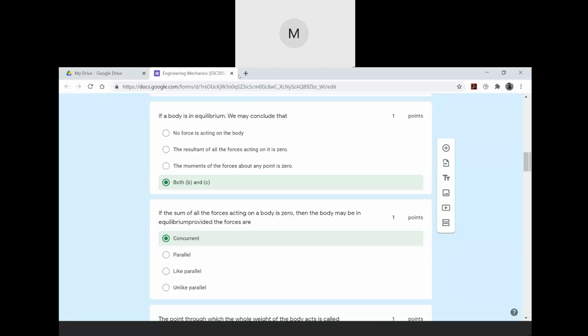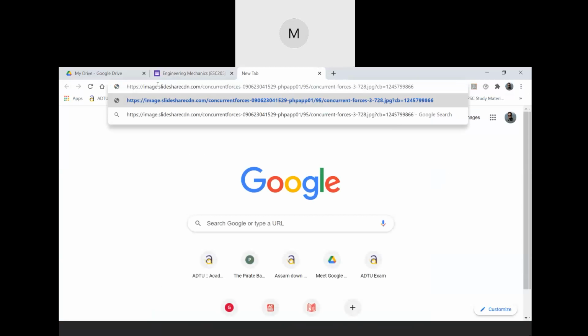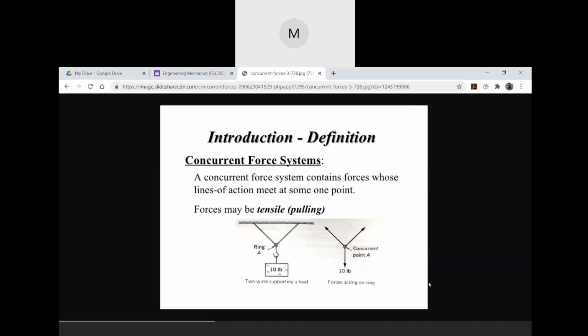Let me show you one image. Can you see this? Yes, sir. So the lines of action of the forces meet at the same point.